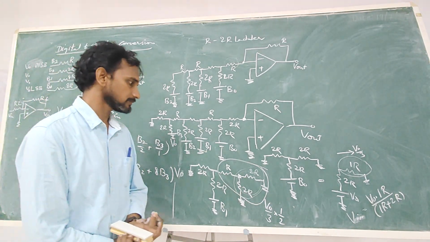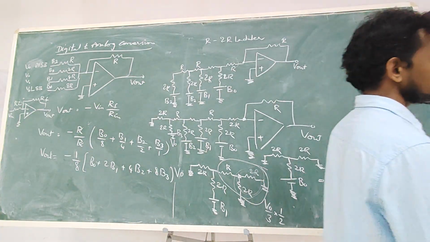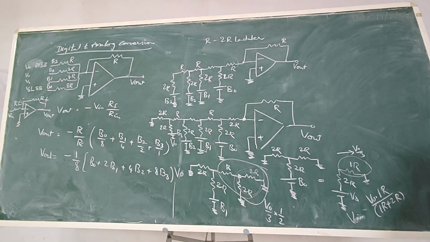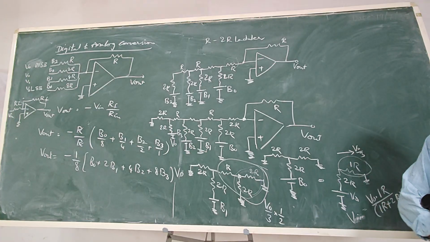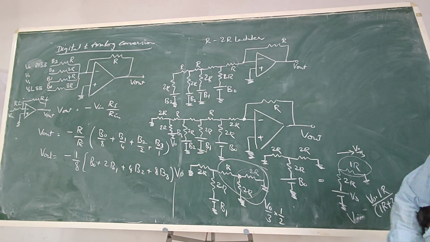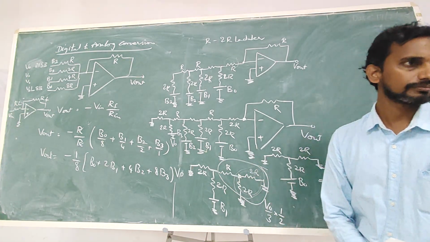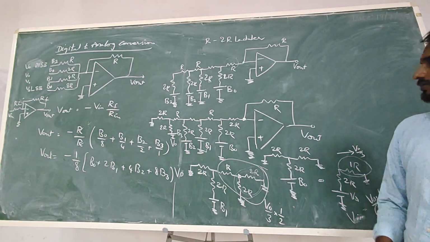It's half of V0 by 3. Now if we have only B2, what is the circuit?